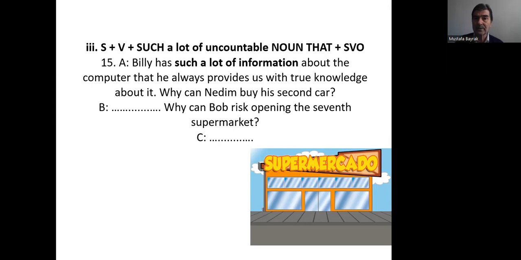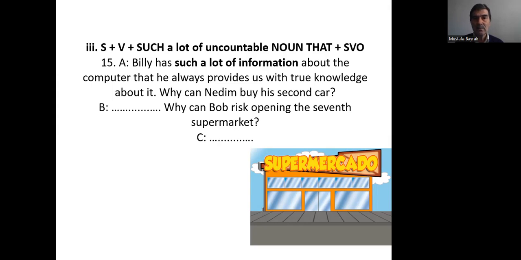Why can Bob risk opening the seventh supermarket? Nedim, which uncountable noun can we use here?